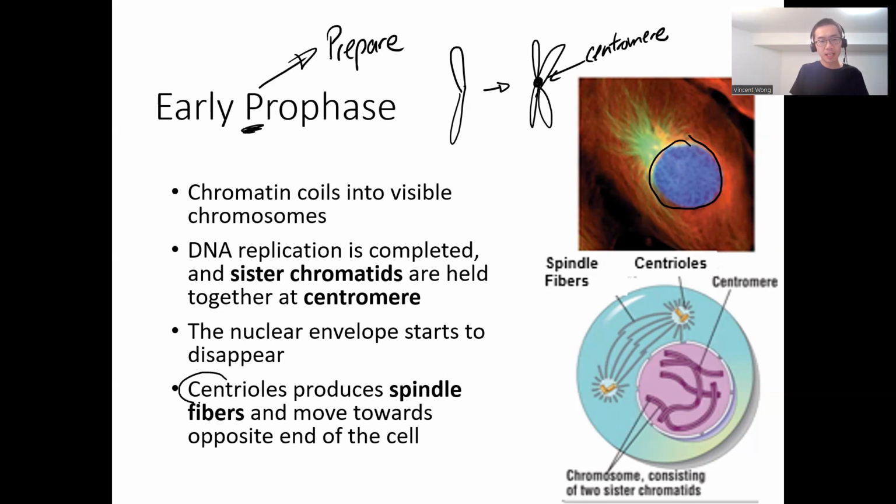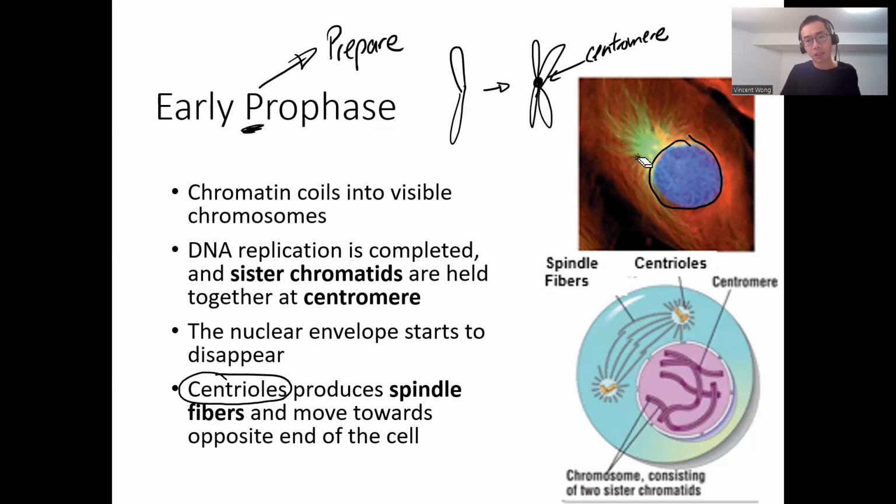You might remember centrioles from before, from lecture 3. These are little organelles that are responsible for producing spindle fibers. The spindle fibers are shown here in green, which helps guide the movement of the chromosomes during the division.